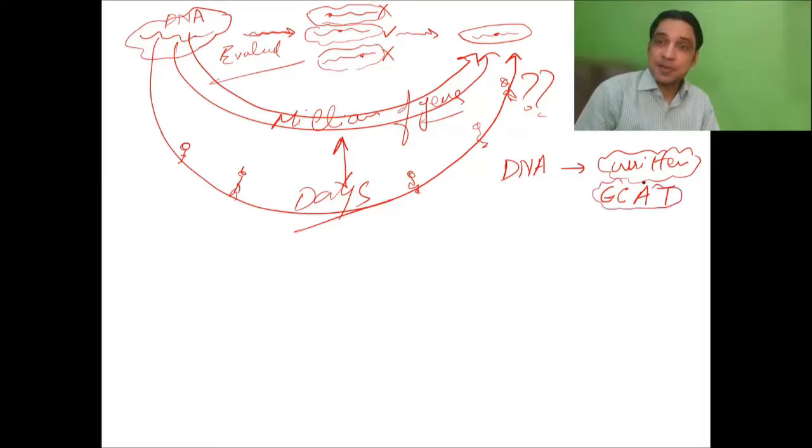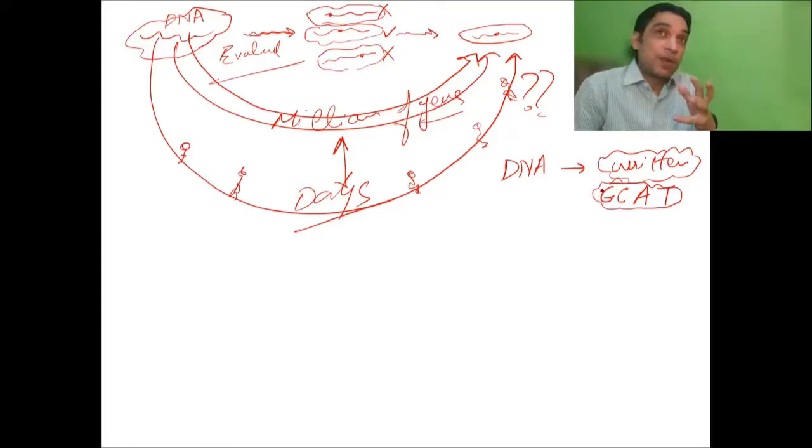Just 4 alphabets. Imagine the level of complexity of life if nature decided to choose 8 alphabets, 20, 100, 1000 alphabets. You can imagine the complexity of life if you increase a few more alphabets in writing the codes of life.